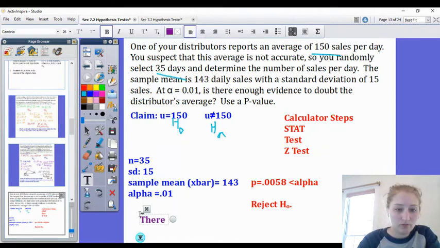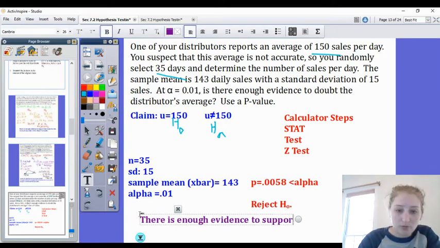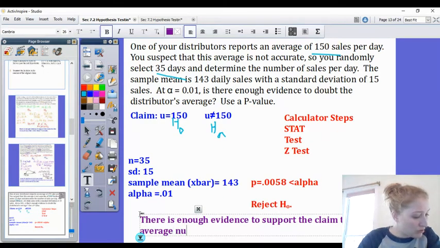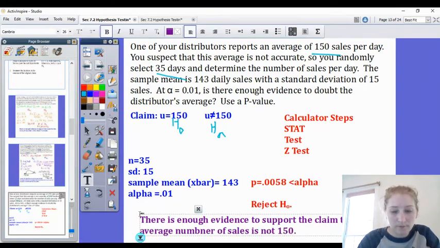There is enough evidence to support the claim that the average number of sales is not 150.